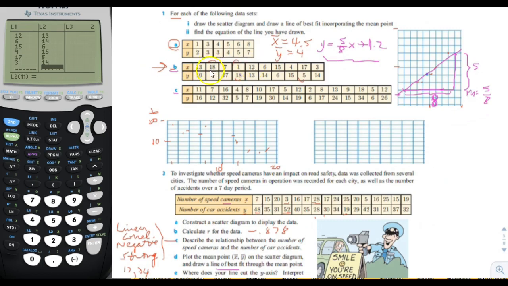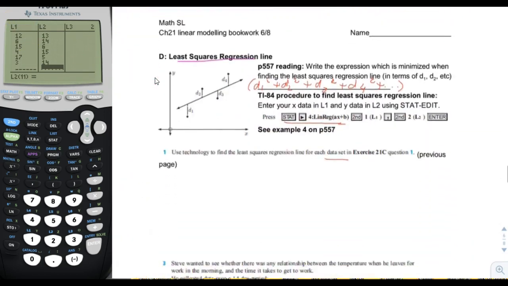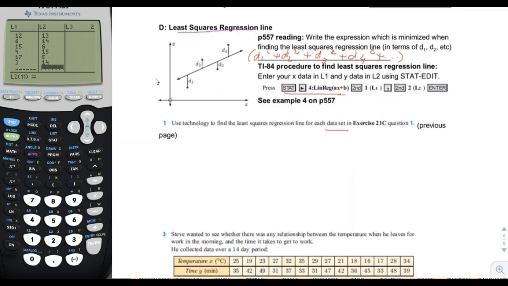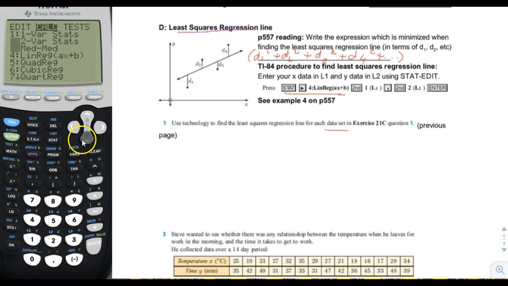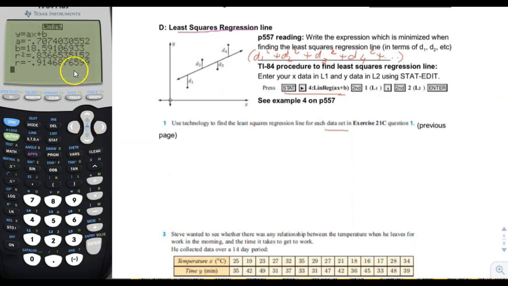Okay, so I put in the B data here in list 1 and list 2, and now I'm going to go back to this page and find the Lin Reg equation. So I do stat calc, go down to Lin Reg, hit enter, and put list 1 and list 2 in for the lists for x and y, and then I do a calculate.